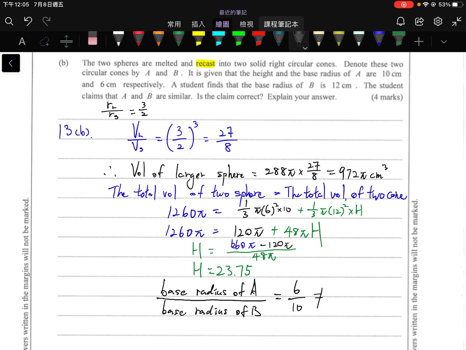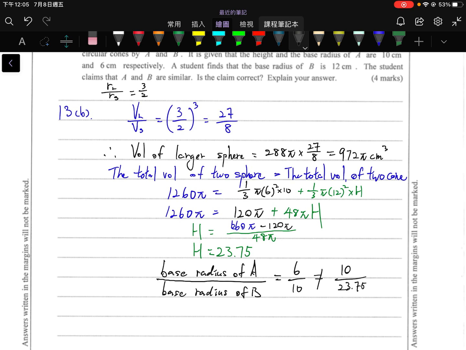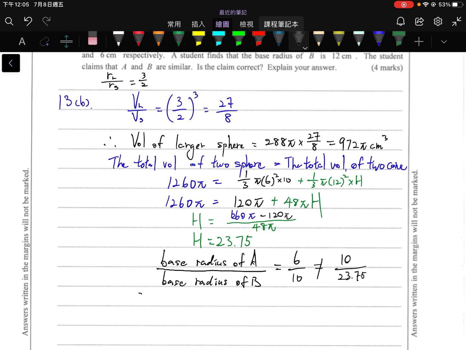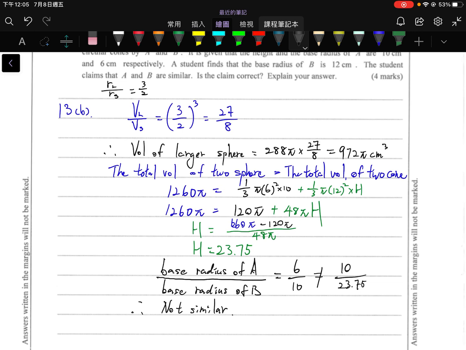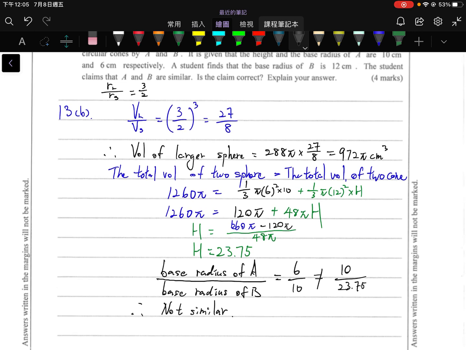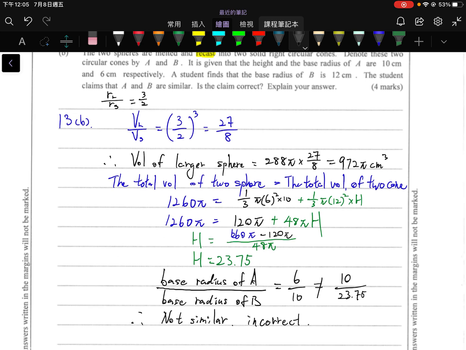However, this is not equal to the other ratio, the height ratio, 10 to 23.75. Because the ratios of these two cones are not consistent, they are not similar, and so the claim is incorrect. Okay, this is about question 13b.